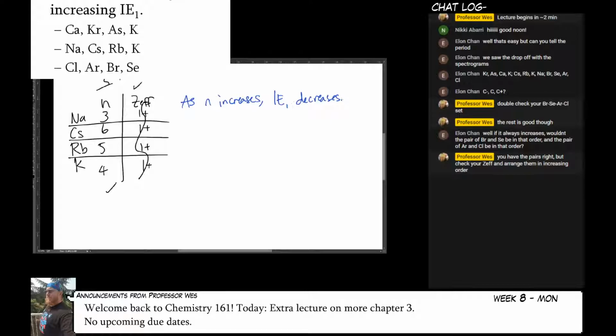And that's because the electrons are farther away from the nucleus, so they're easier to pluck off. There's less attraction to the nucleus due to distance. So I just arrange them in terms of distance. The furthest one away is the lowest. And there you go. That should be the order for that set.